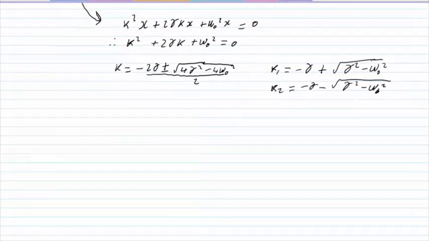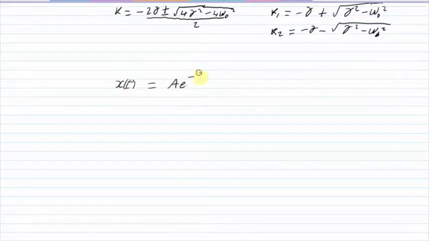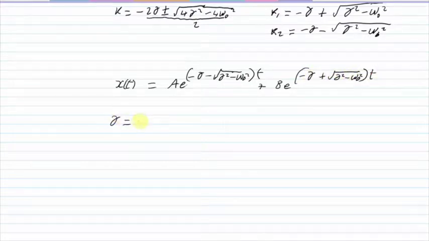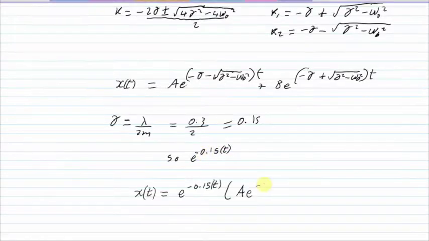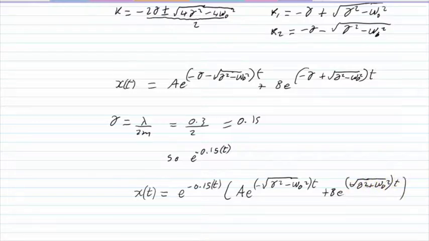So we can simplify this to get two constants. We can get an expression for displacement, which we can call x of t. We know what gamma is. It's lambda over 2m, which is equal to 0.3 over 2, which is just 0.15. So we can take a factor of e to the minus 0.15 t out of the original equation, which gives us our final answer for an expression for displacement in terms of t.